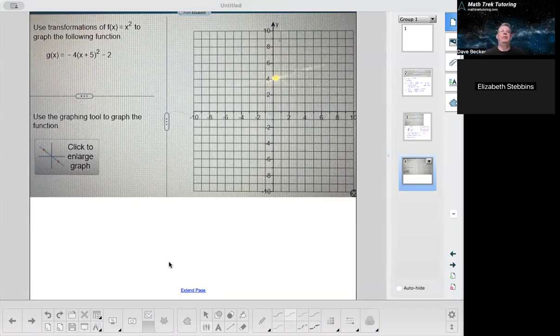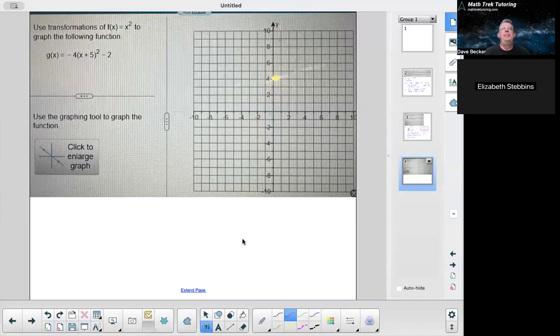You could graph this, but it would be tough to get it right unless you knew a bit more about your TI 84. Yeah, I'm fine doing it by hand. Okay. So what would you do here? Set it equal to 0? That would get you the x. Well, it says to graph it by transformations.